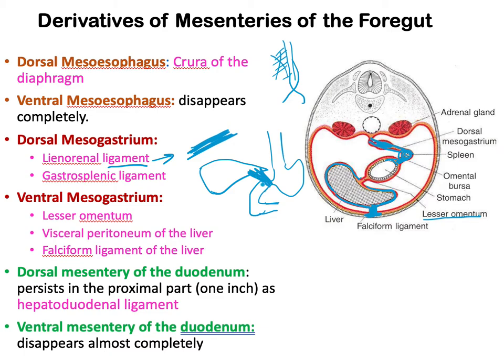This is called the hepatoduodenal ligament. That means the mesentery thickened there to form a ligament that connects the liver to the first part of the duodenum, not even the first part, just the first 1 inch of it, right? But the ventral mesentery of the duodenum, of course, will disappear.